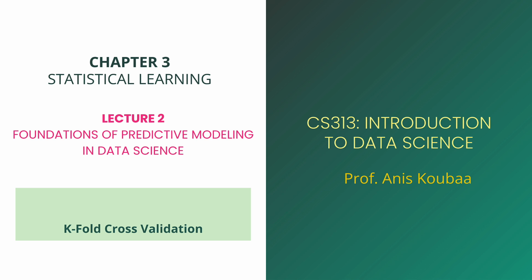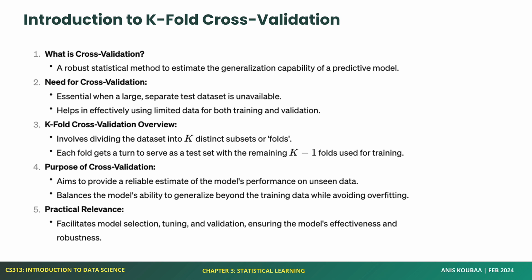And in order to mitigate the expected optimism of the overfitting, as I already introduced last time, we use cross-validation. And you have here the k-fold cross-validation. K-fold means how many folds I'm going to use. Last time we presented 5 folds, but we can make it 10 folds depending on how large our data is. Cross-validation is a statistical method to estimate the generalization capability of a predictive model.